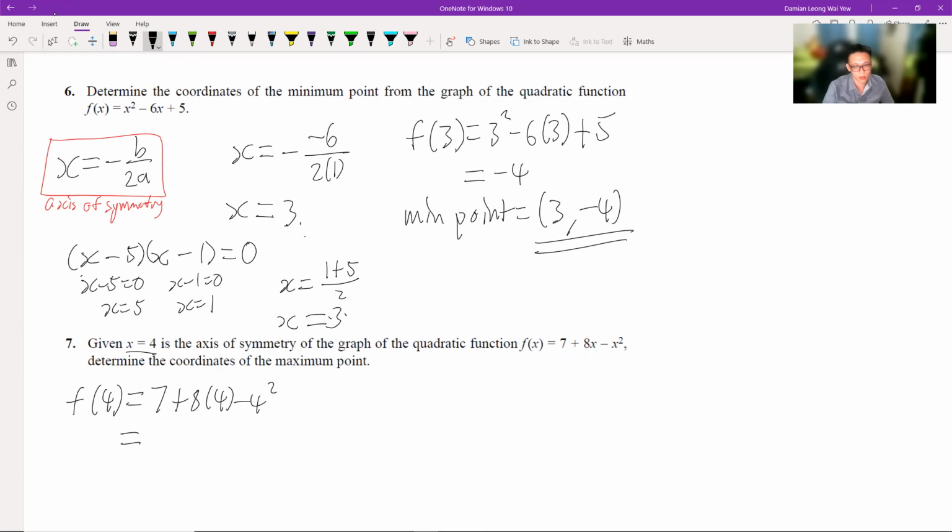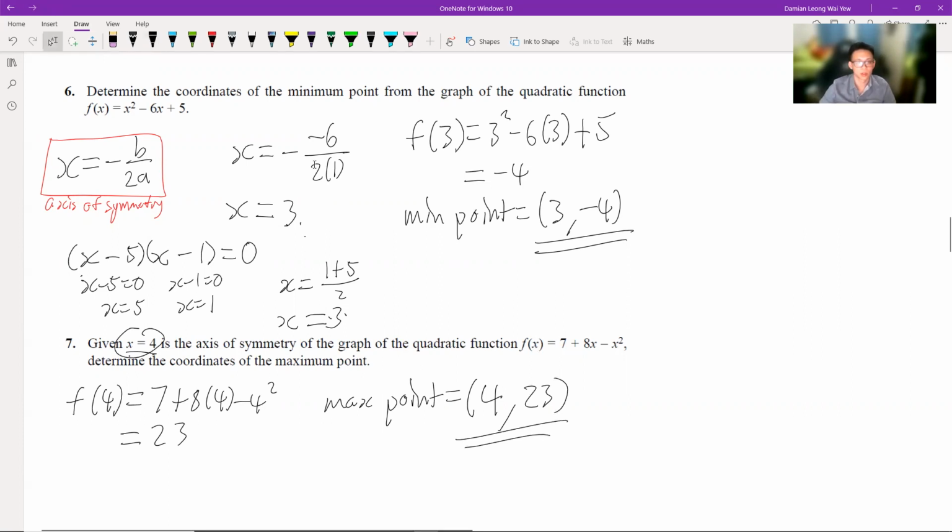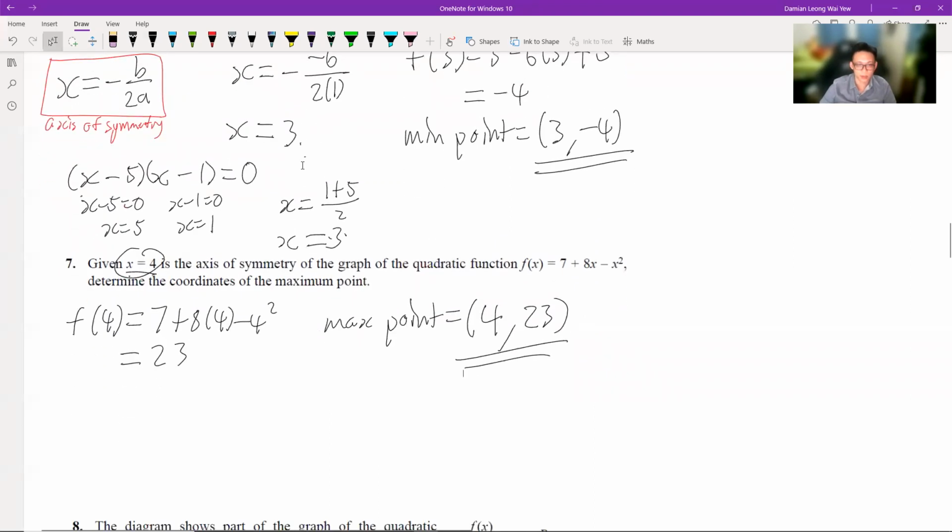So it's 39 minus 16, 23. So the maximum point has x coordinate 4, and the y coordinate is your function value when x is 4, which means 23. So it is (4, 23). Just like that. That is question 7.